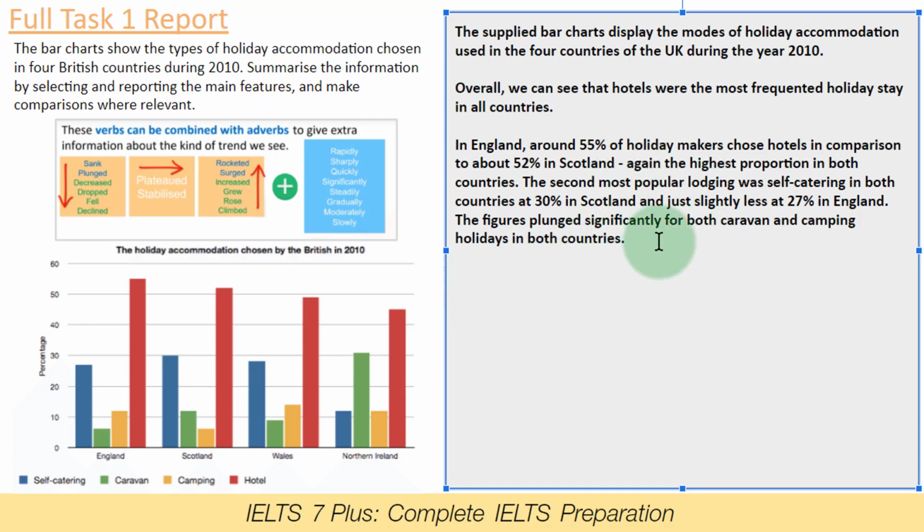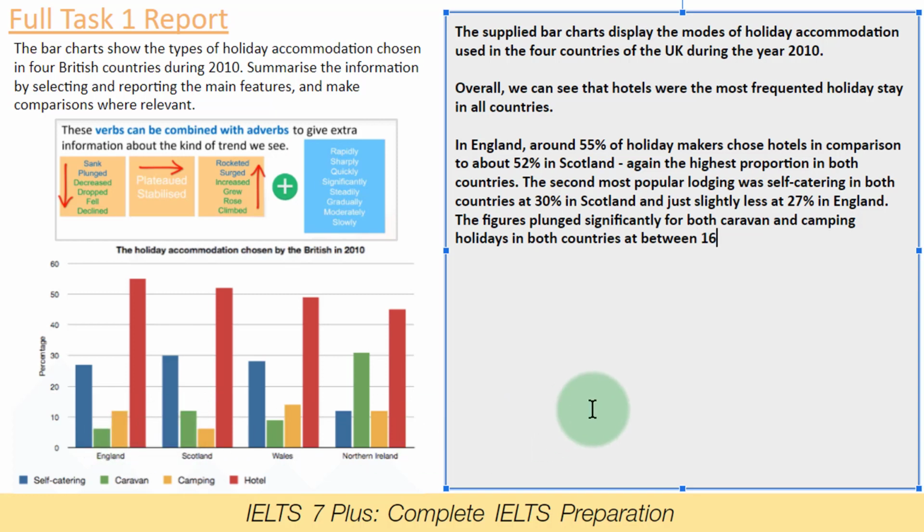The figures plunge significantly for both caravan and camping holidays in both countries. I want to quickly give the percentages. I don't want to go into another long sentence, as I'm probably getting to about the right size for my paragraphs here, especially my detailed paragraphs. The figures plunge significantly for both caravan and camping holidays in both countries at between, let's find the lowest, it looks to be around 16%.